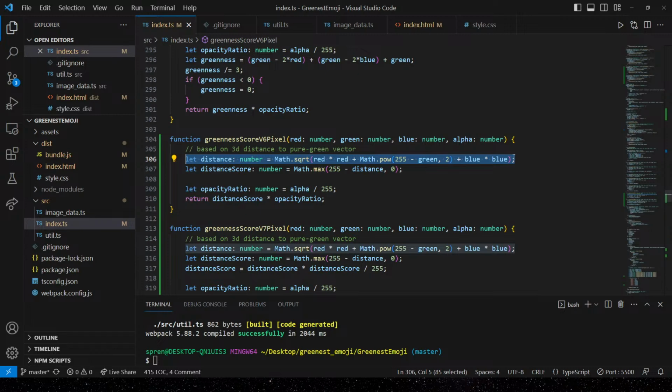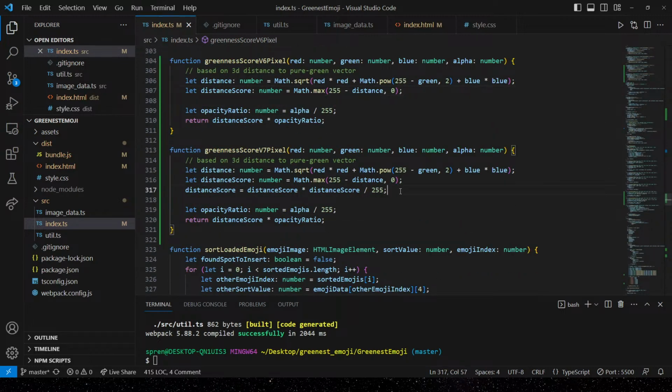And you want a low distance to be rated high, so you have to do an inversion of that somehow. I decided 255 was a pretty reasonable cutoff, and you just do 255 minus distance, and it's pretty good. And then if it's negative, then you just do 0. That seemed pretty sensible.